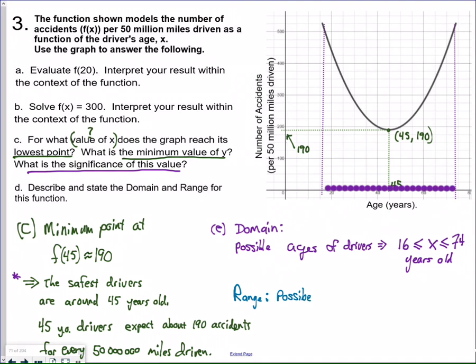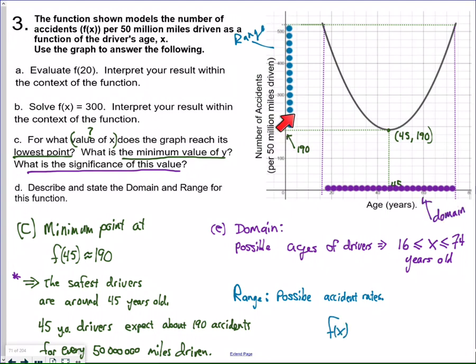And the range is the same concept, only we're shadowing to the y-axis. So first, what does the range represent? It's possible accident rates according to this function. The actual range itself is represented along the y-axis from the top of the graph to the bottom of the graph, and that in this case is a list of numbers from 190 to 550. So I labeled my domain and range on the graph.